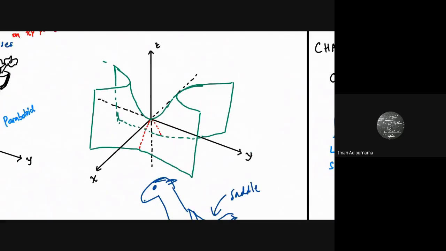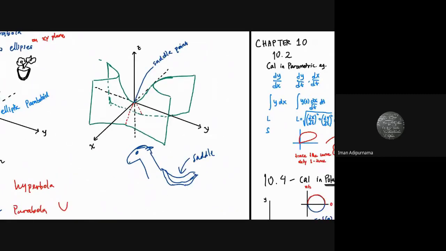This picture actually looks like a saddle, and we call this point in the middle here the saddle point, and the whole thing is called the hyperbolic paraboloid.